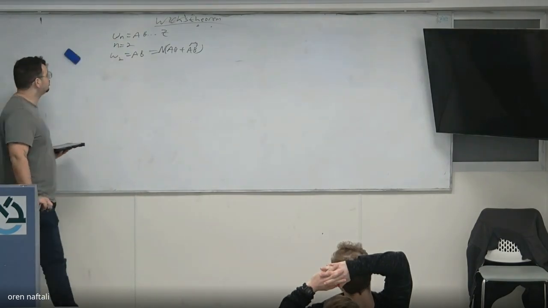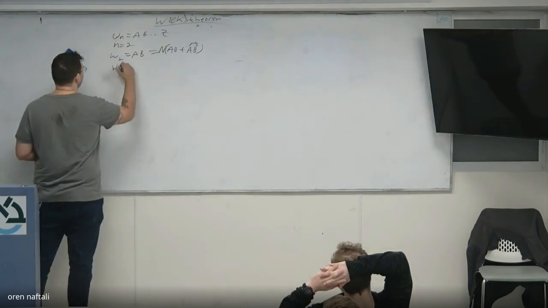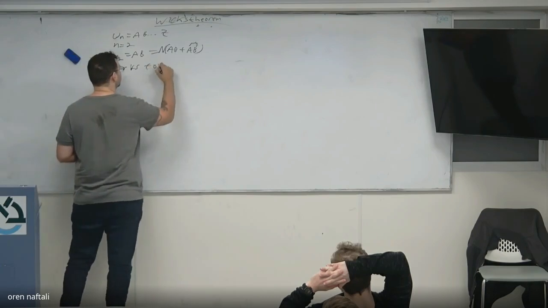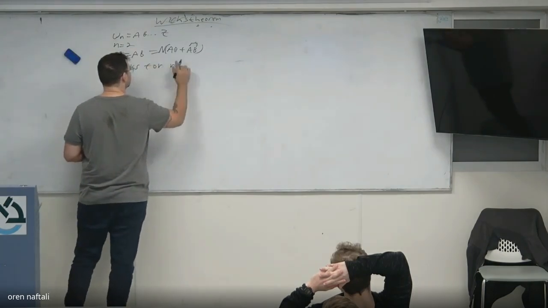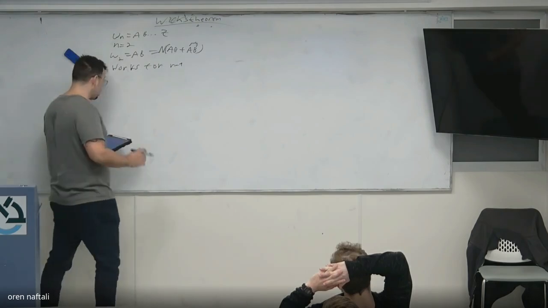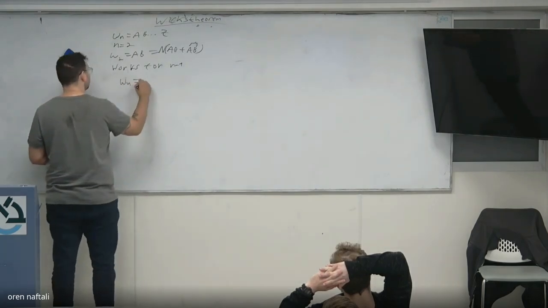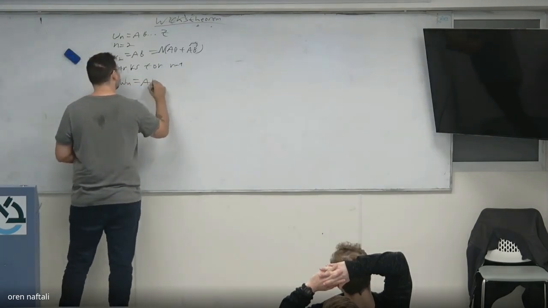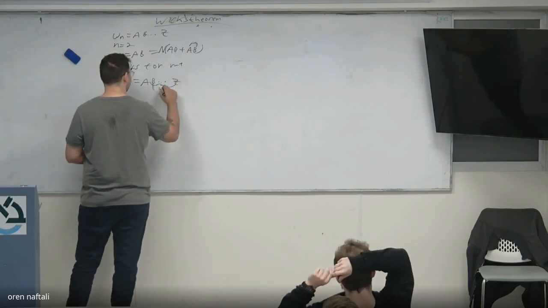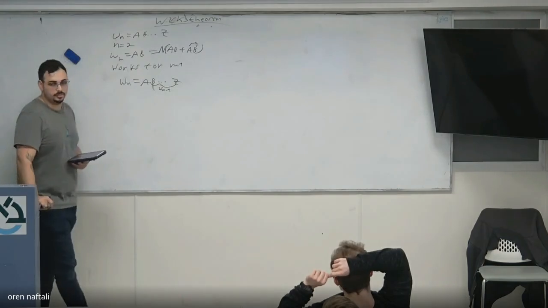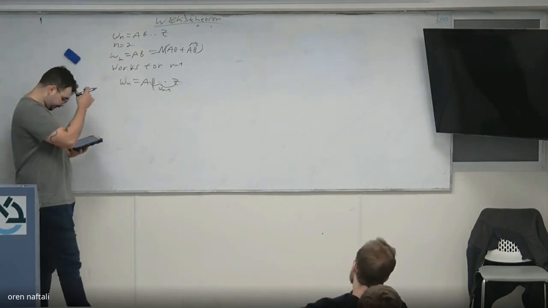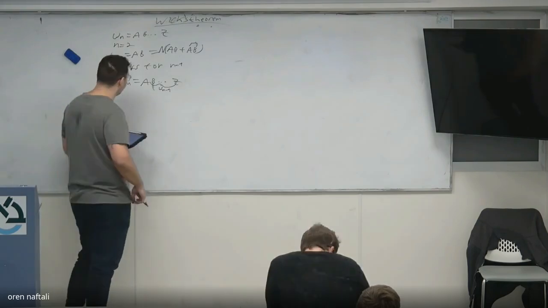Now, let's assume that everything works for n minus 1. Right, omega n equals A, B going to Z, equals A times B to Z, just omega n minus 1. The example of omega n minus 1. Right?